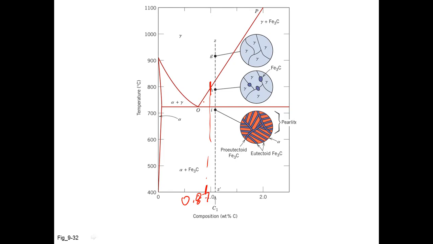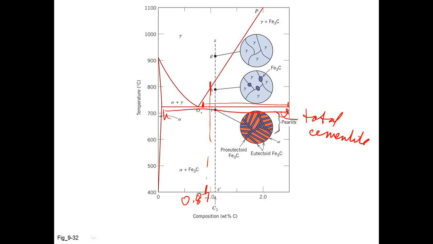And this is very, very similar to the last problem that we worked, in that we're going to have to calculate the total cementite below that eutectoid temperature, and then we will subtract off the eutectoid cementite that forms in the tie line just above the eutectoid temperature.